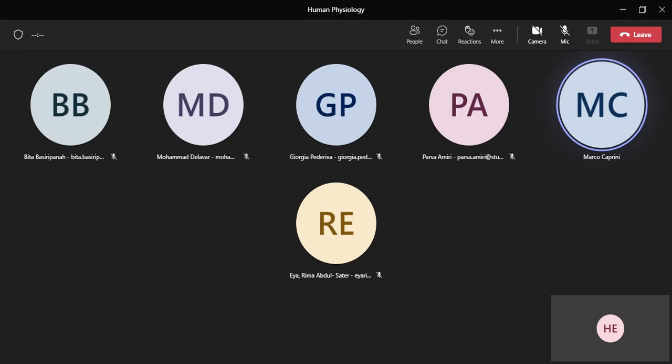So the different steps are the events at the neuromuscular junction, with the release of neurotransmitter, such as the acetylcholine neurotransmitters that bind to the acetylcholine receptor, that in this case is a nicotinic receptor, an ionotropic receptor. And then the second step is the excitation contraction coupling, the EC coupling.